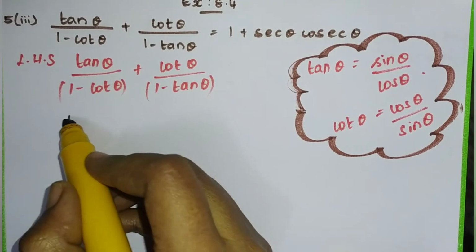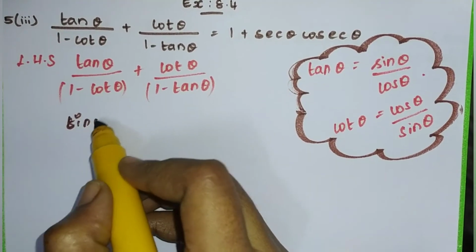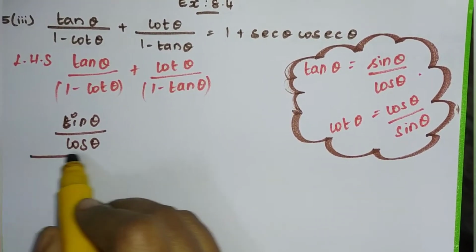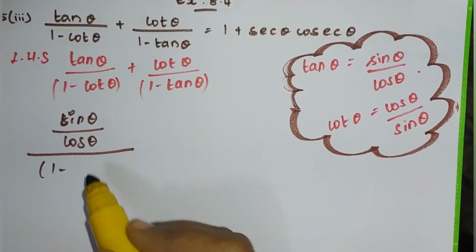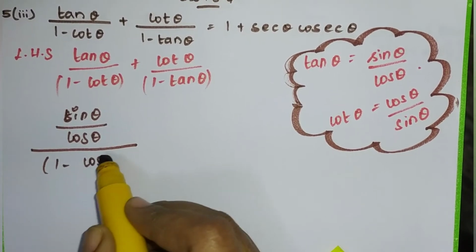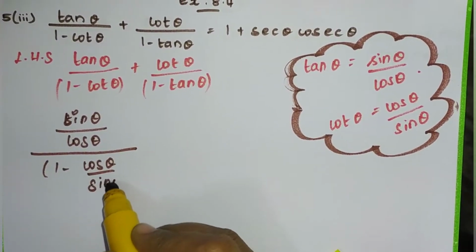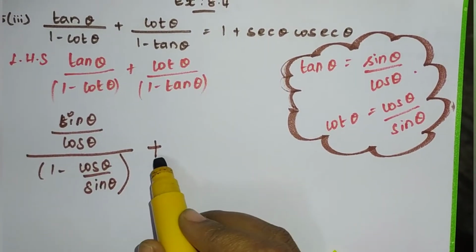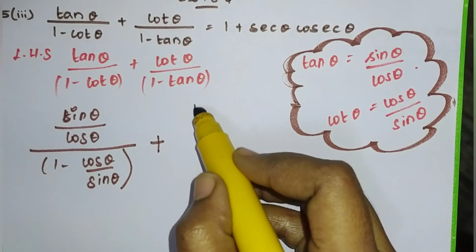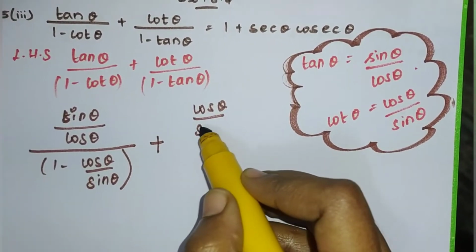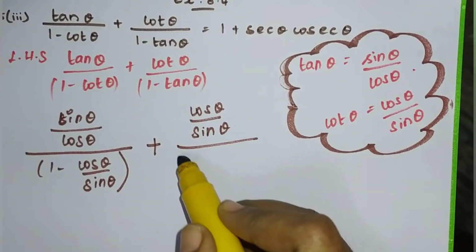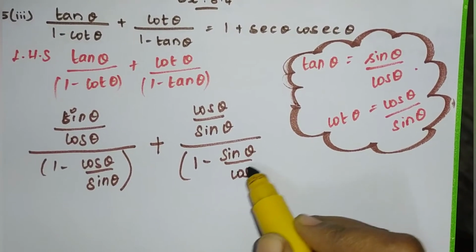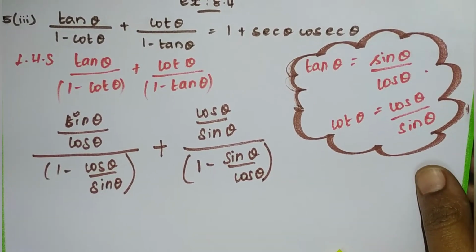First, instead of tan, sin theta divided by cos theta, then 1 minus cos theta divided by sin theta. Be careful with the sign, write properly, okay? Instead of cot theta, cos theta divided by sin theta, then 1 minus sin theta divided by cos theta.